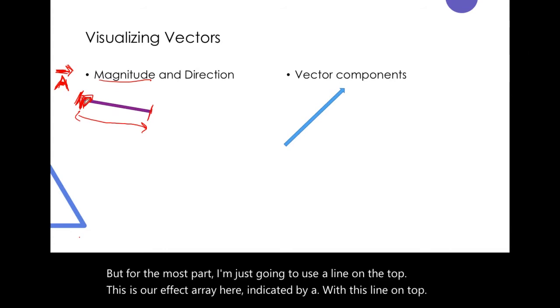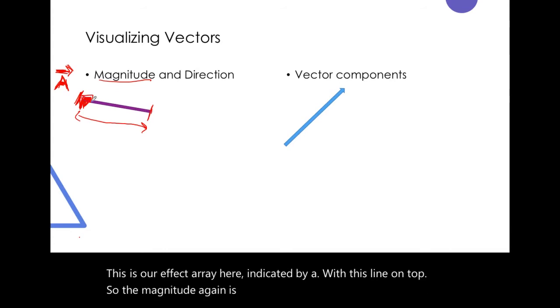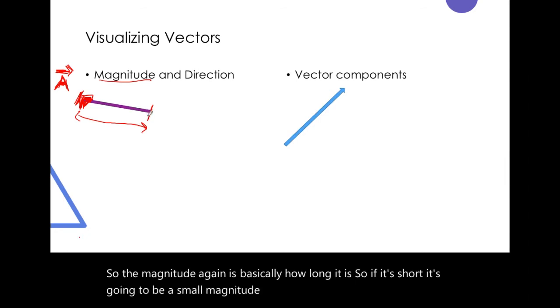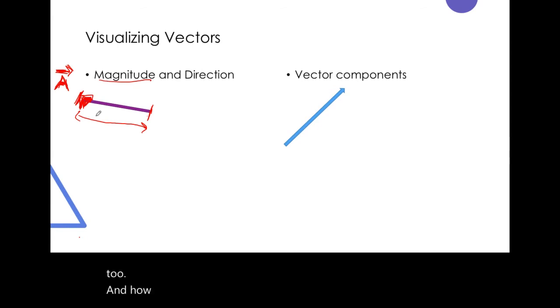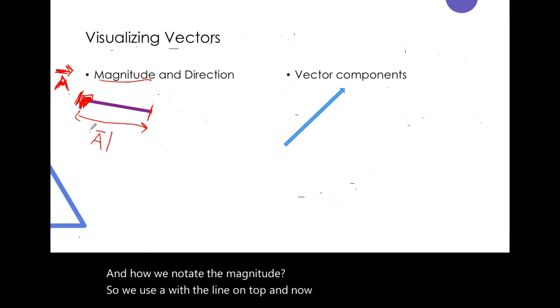And so the magnitude, again, is basically how long it is. If it's short, it's going to be a small magnitude. If it's long, it's a bigger magnitude. And how we notate the magnitude is we use A with the line on top, and now we put these bars on the outside.